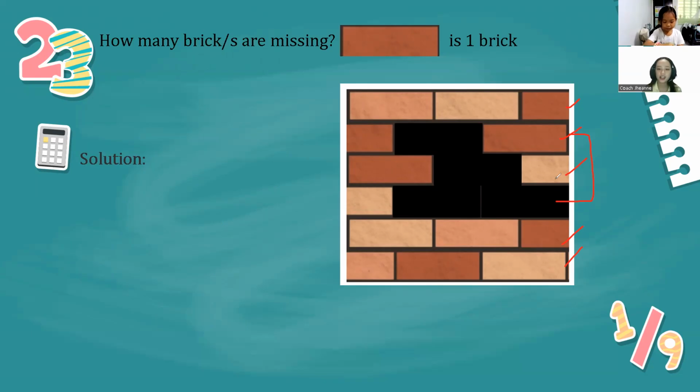If this one and this one are the same, the missing brick here is 1. And if this one and this one are the same, the missing brick here is 1. And if this one and this one are also the same, then how many bricks are missing? 2. So if we count, we have 1, 2, 3, and 4.